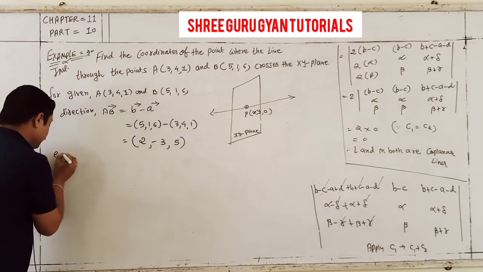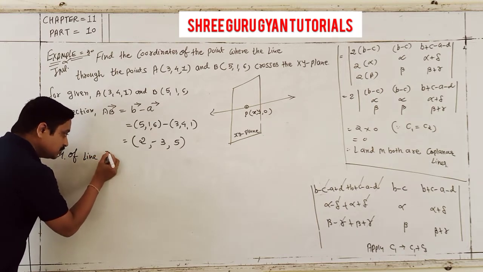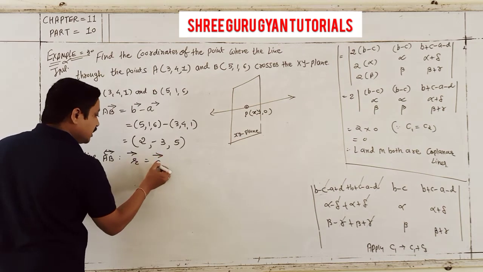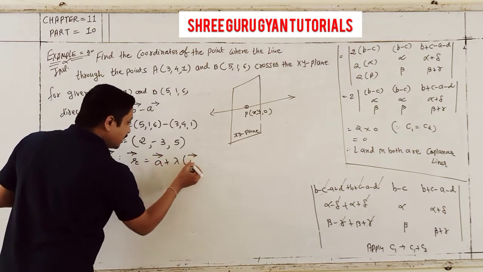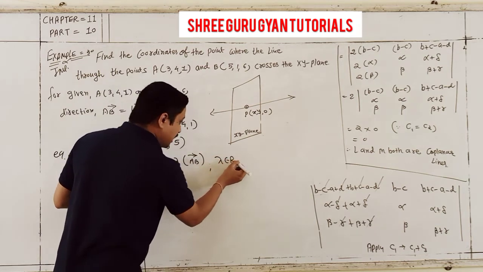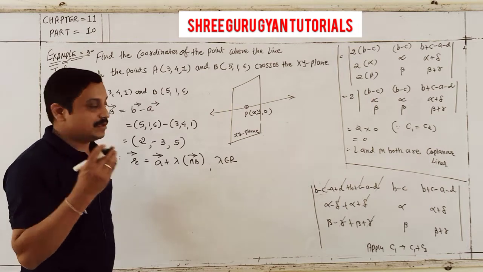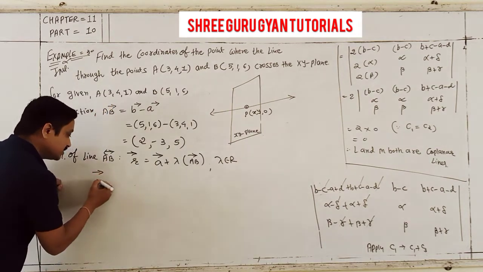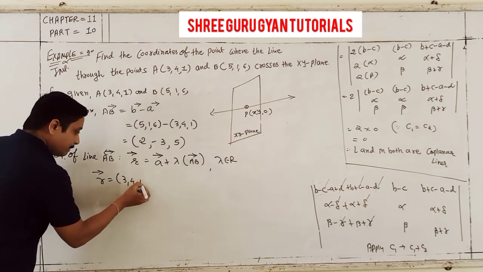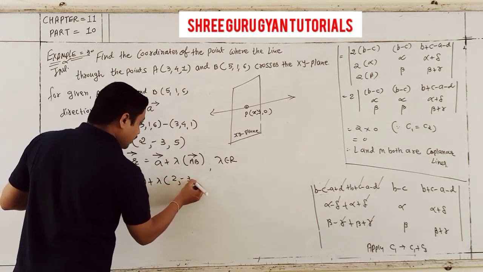So the equation of line AB is clearly known. The formula is r equals a plus lambda times the AB direction, where lambda belongs to R. Simply put down the A value and the AB direction. So r is same as A, 3, 4, 1, plus lambda times the AB direction 2, minus 3, 5.